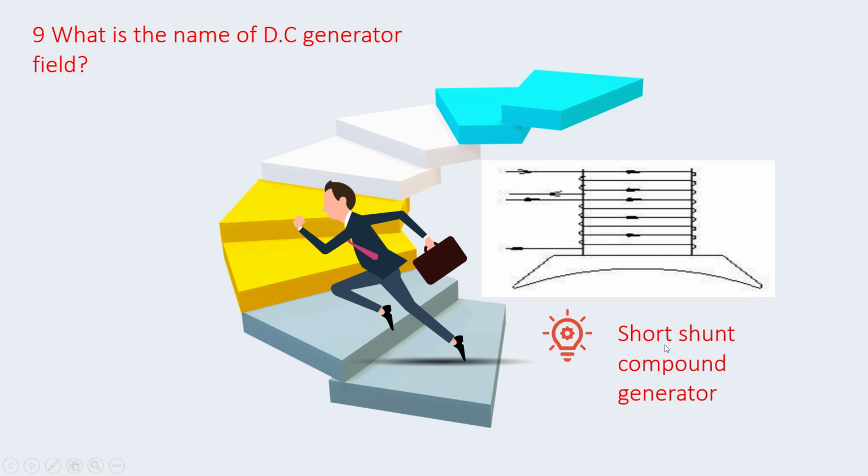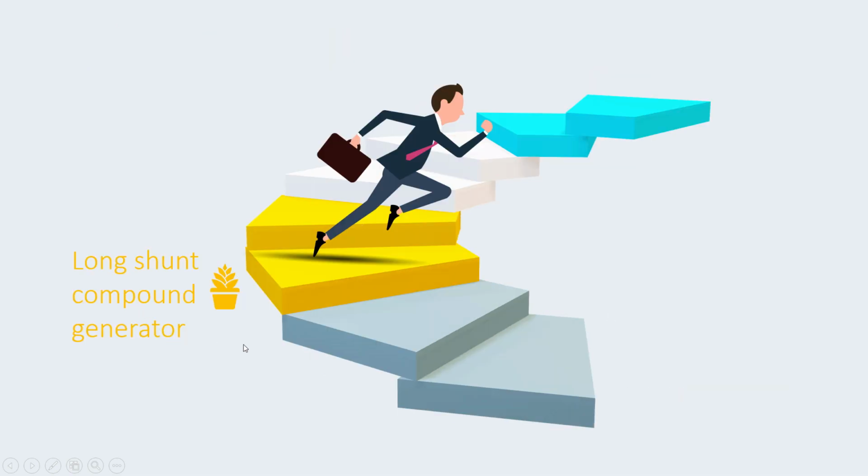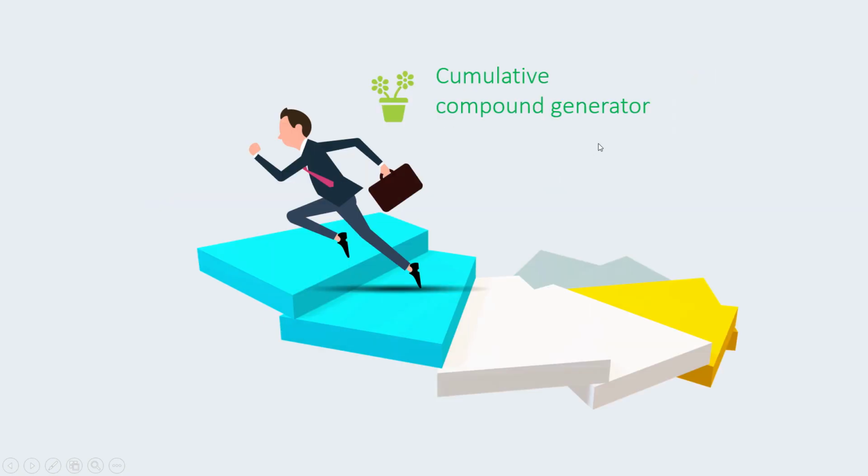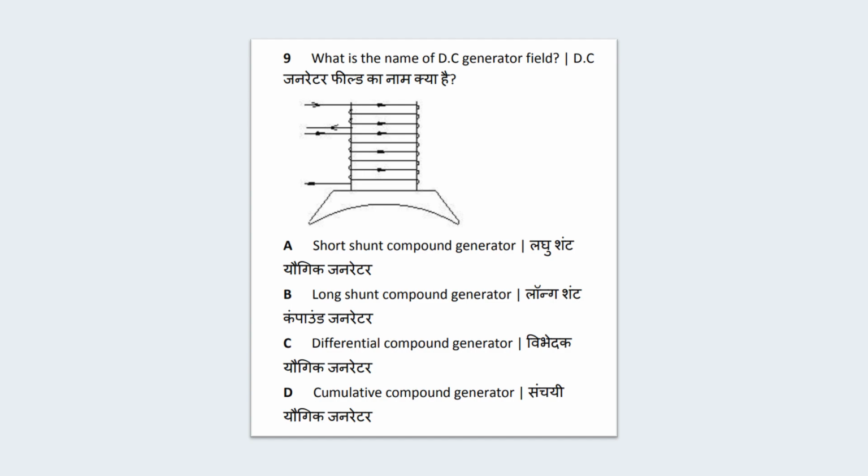Option A, short shunt compound generator; long shunt compound generator; differential compound generator; cumulative compound generator. The answer is differential compound generator, because the current directions are opposite to each other.